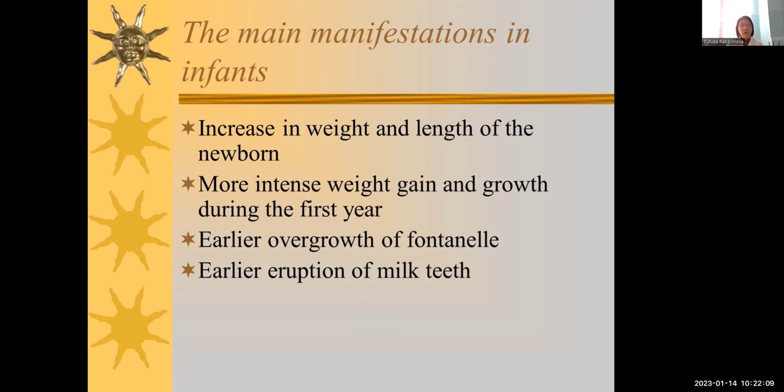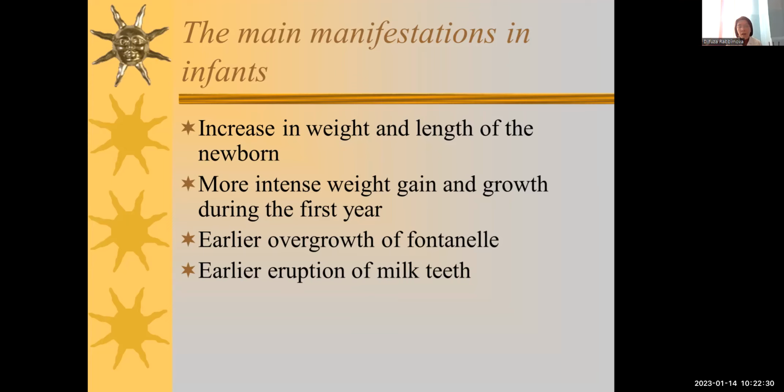For example, for infants: increase in weight and length of the newborn, more intense weight gain and growth during the first year, earlier overgrowth of the fontanelle, early eruption of milk teeth.